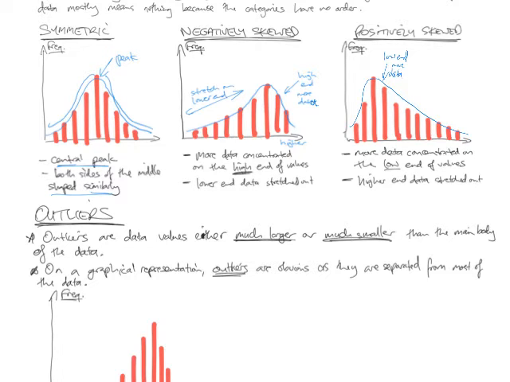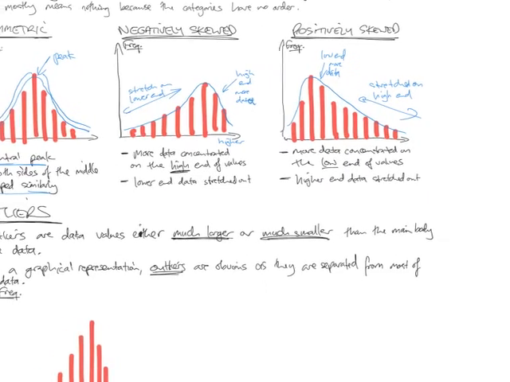Positively skewed has more data on the low end, and it's stretched on the high end. Alright, so you've got more concentrated data on the low end of the values, and the higher end stretched out. And negatively skewed, you've got more data on the high end. So you can think of it as being slightly opposite to what you might think of with the terms.